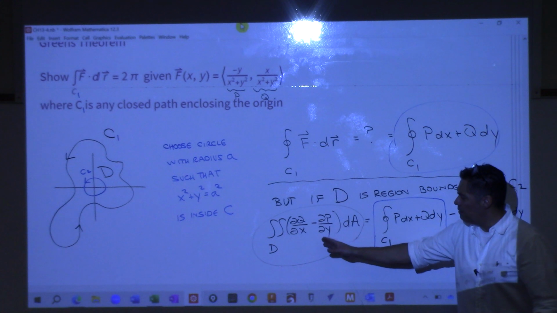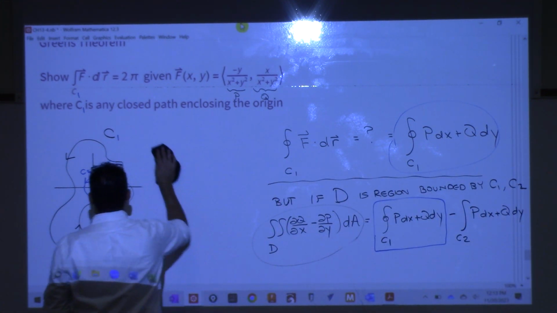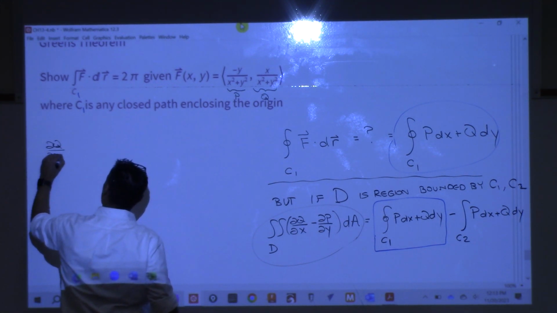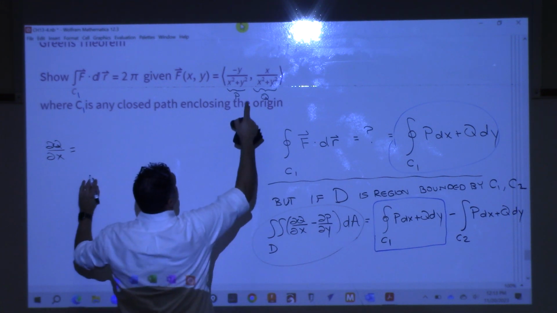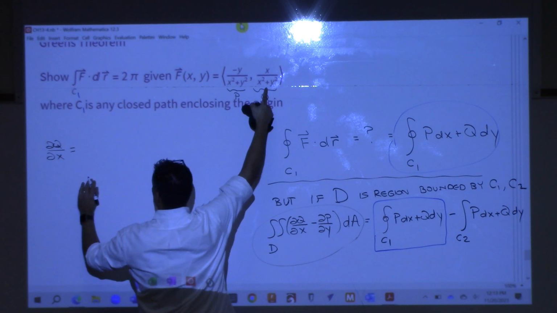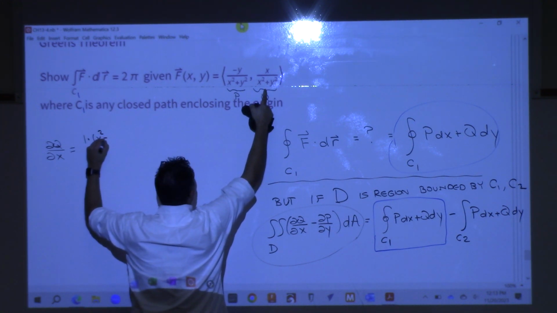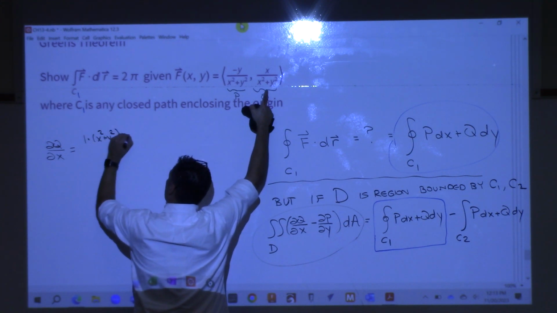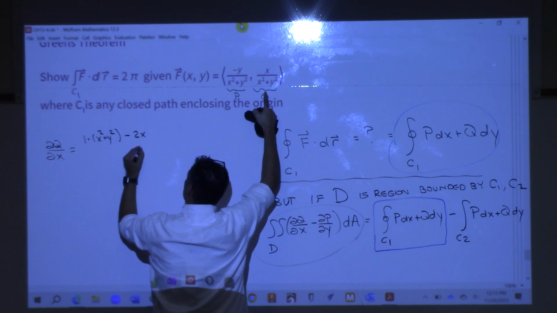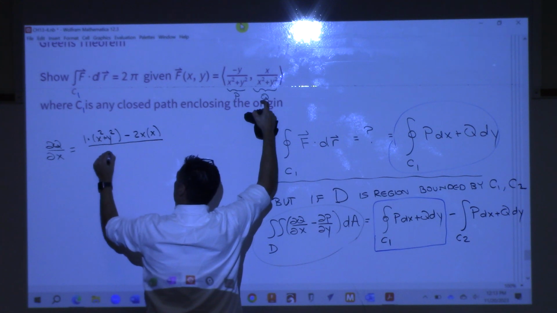Okay, this right here, let's do that. What is the partial of q with respect to x? Write it down here. This is P, this is Q, right? So quotient rule on that: derivative of the top, 1, times the bottom, minus the derivative of the bottom, 2x, times the top, all over bottom squared.